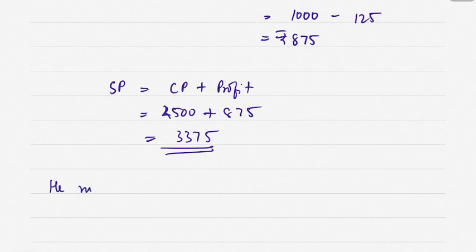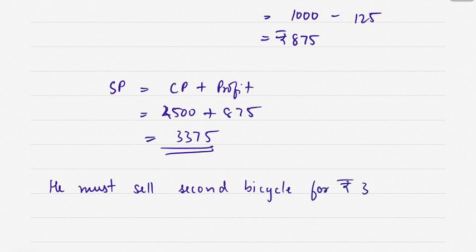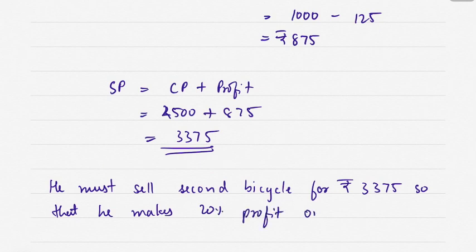So write down, he must sell the second bicycle for rupees 3375 so that he makes 20% profit on the whole.